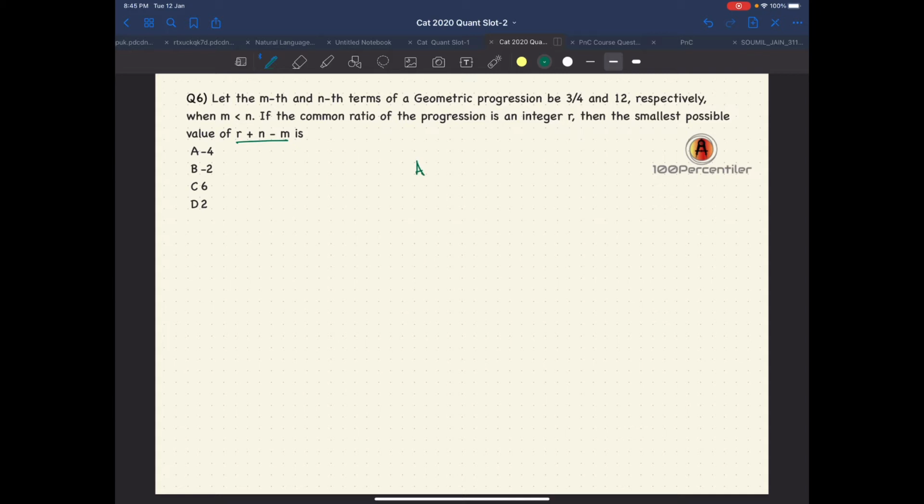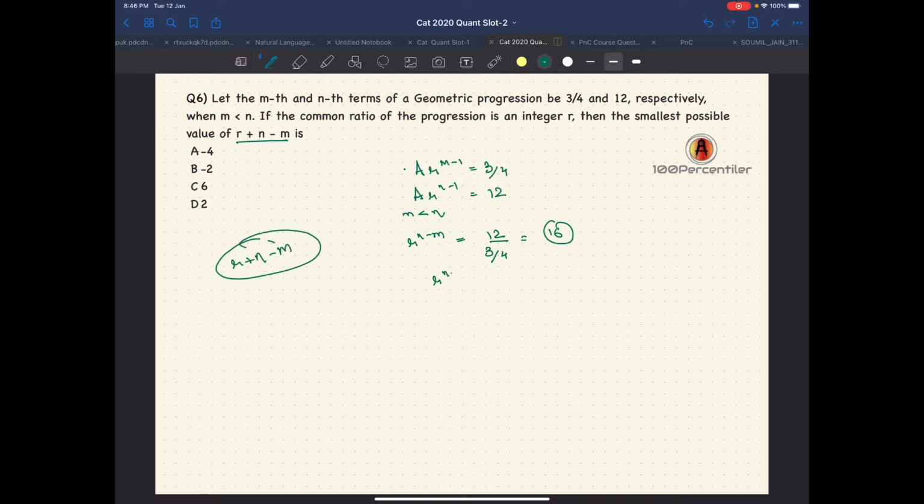We just use the formula for the general term of a geometric progression. So this can be written like this. Now we're given that m is less than n. So dividing the second equation by the first, we are left with r raised to power n minus m equal to 12 divided by 3 upon 4, which is 16. Now we have to find the minimum value of r plus n minus m.